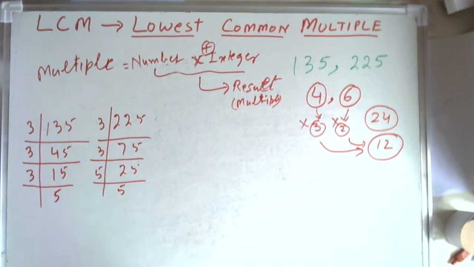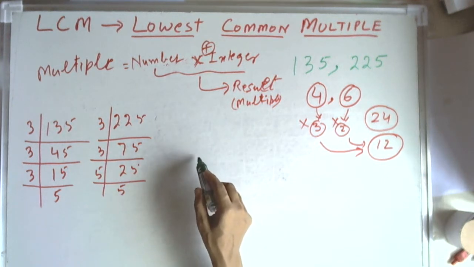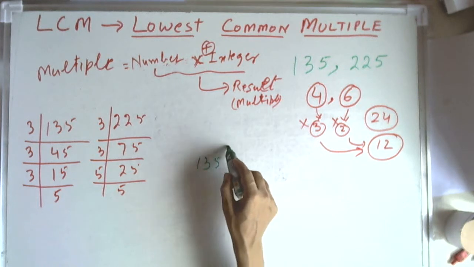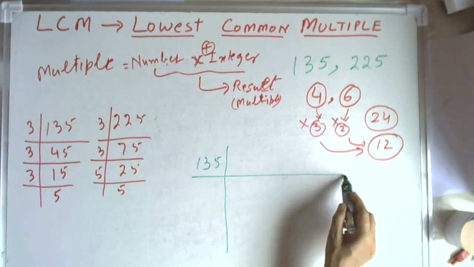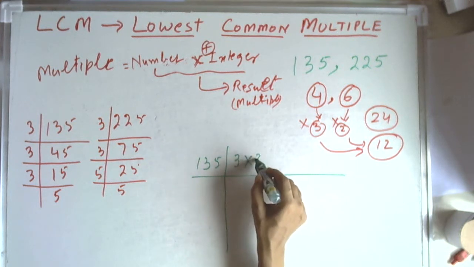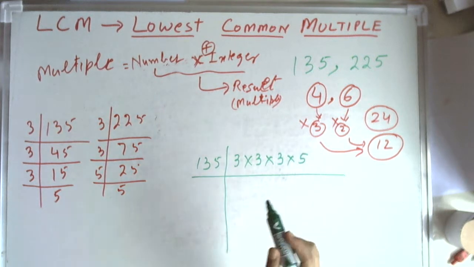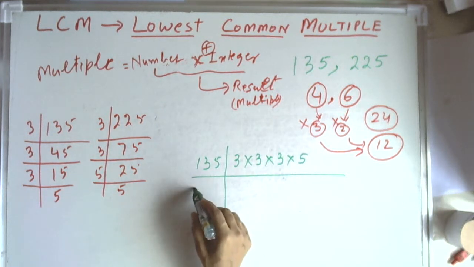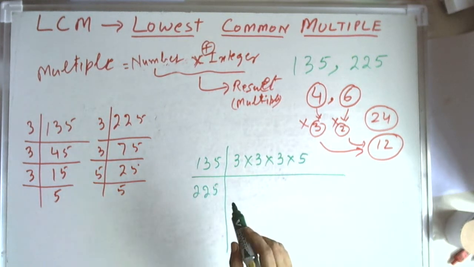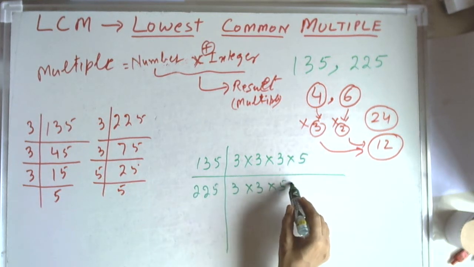So again we make a common table as we have done earlier. 135, we know that it is 3 into 3 into 3 into 5, and then 225 is 3 into 3 into 5 into 5.